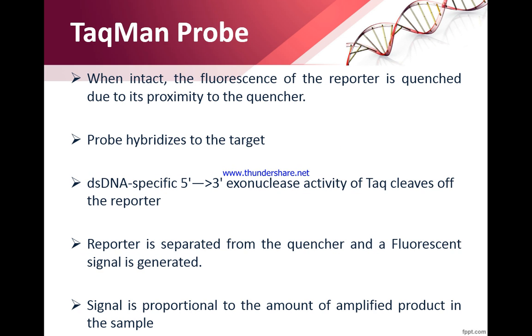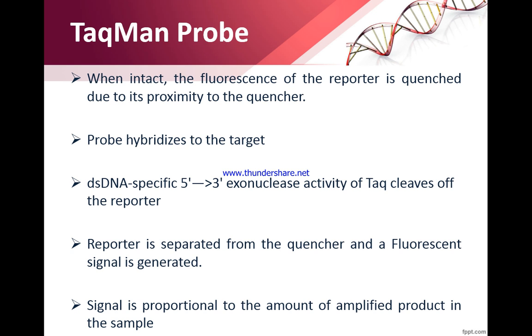What is a TaqMan probe? When intact, the fluorescence of the reporter is quenched due to its proximity to the quencher, as I explained earlier. The probe hybridizes to the target. So what happens when the probe hybridizes to the target molecule? Then the double-stranded DNA specific 5' to 3' exonuclease activity of Taq cleaves off the reporter.